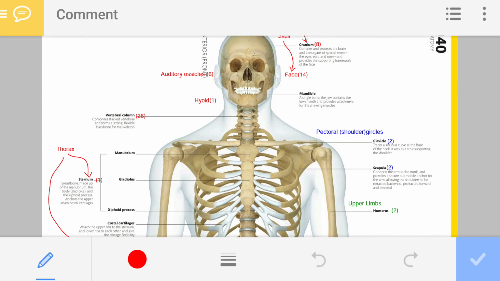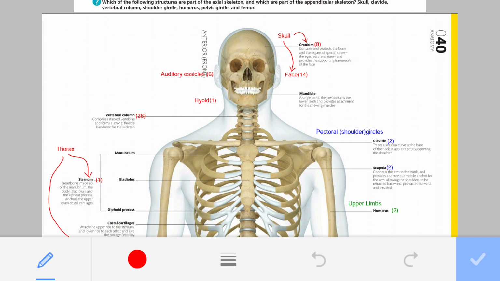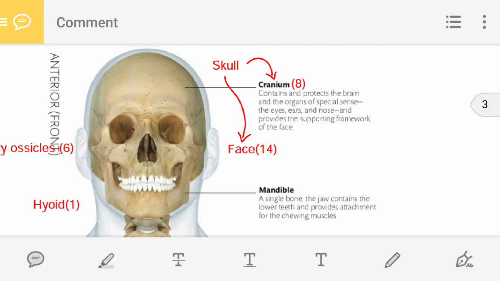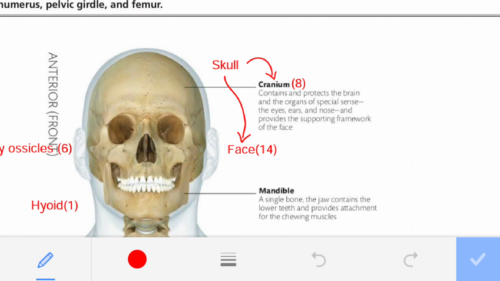As you can see over here, this is the skull, and in the skull, the cranium and the bones of the face are included. Since this is the introductory lecture, I am just giving you the numbers.